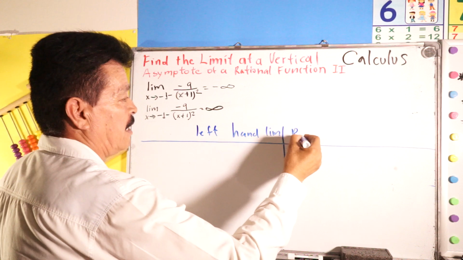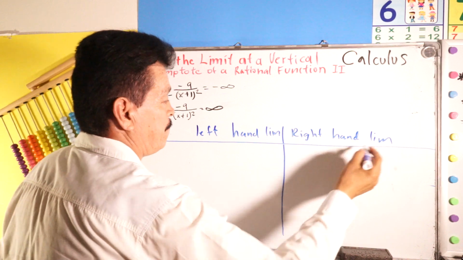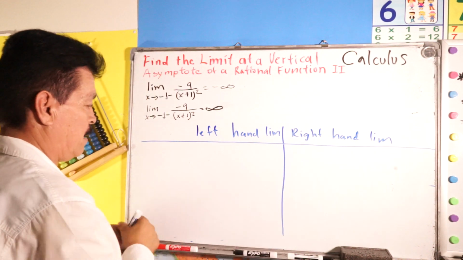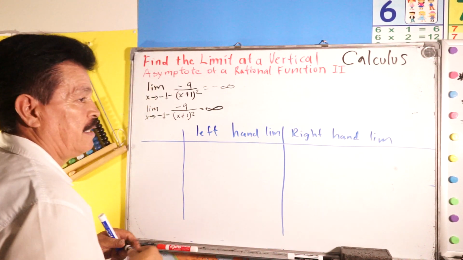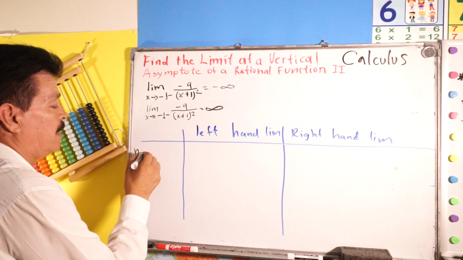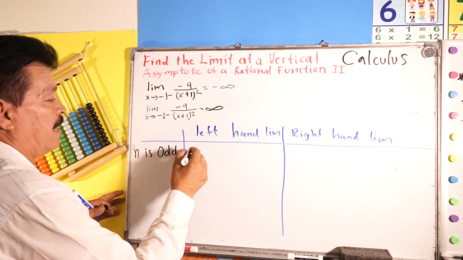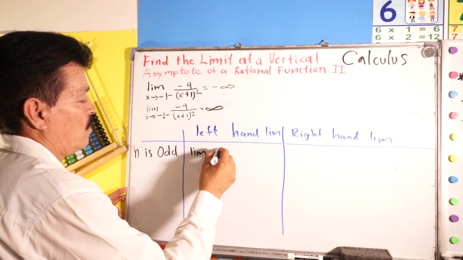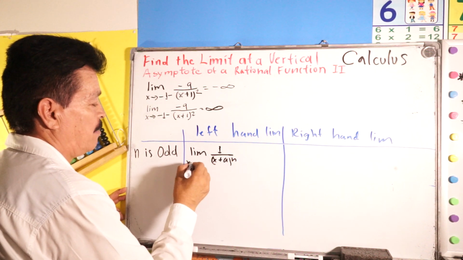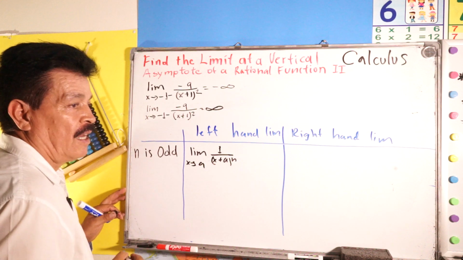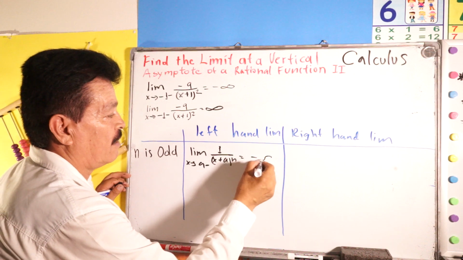So this is a right hand limit. When we have this table, when n is odd, then the limit of 1 divided by (x plus a) to the n power, when x approaches negative a from the left hand, equals negative infinity.